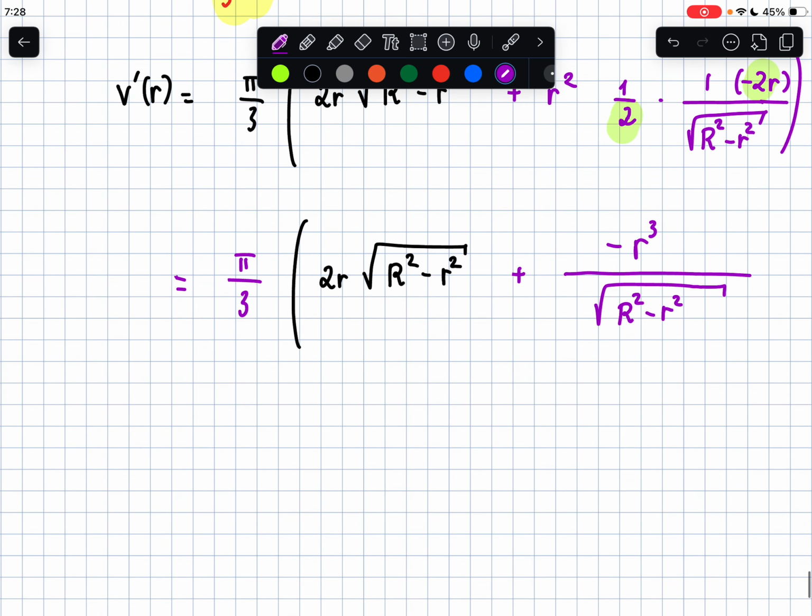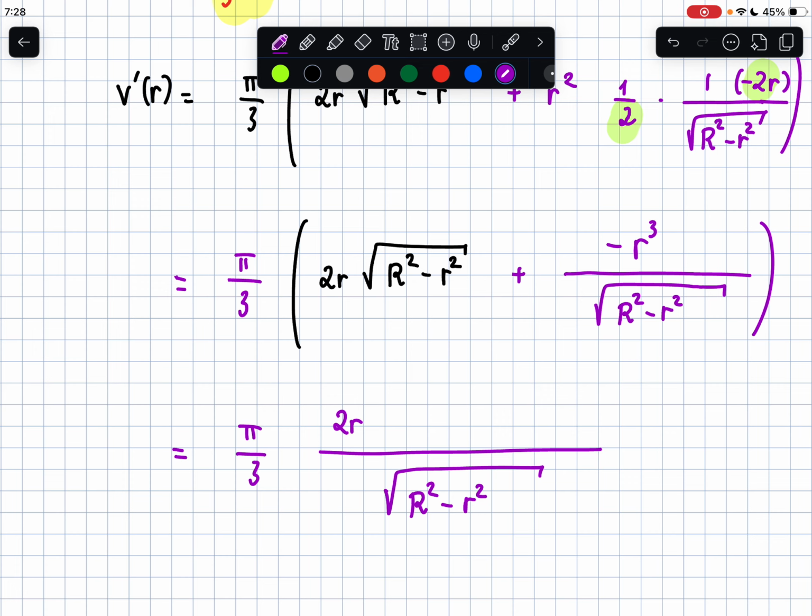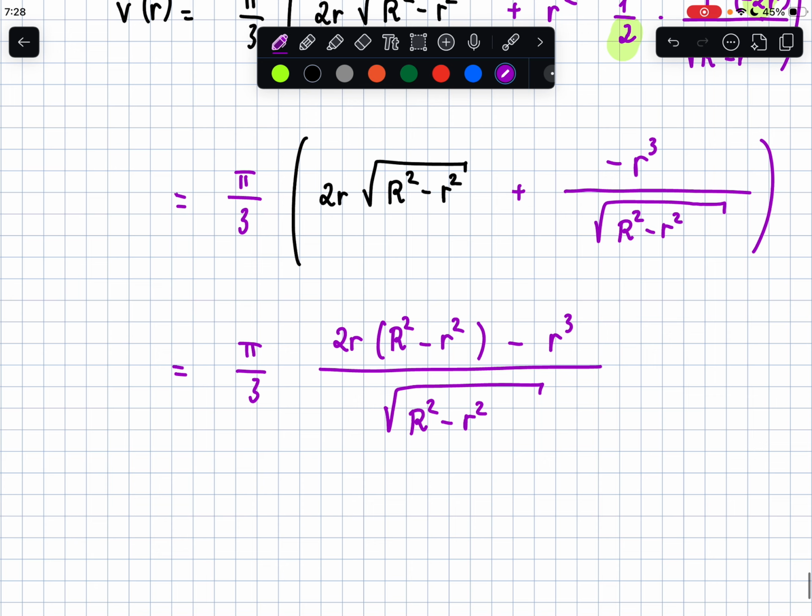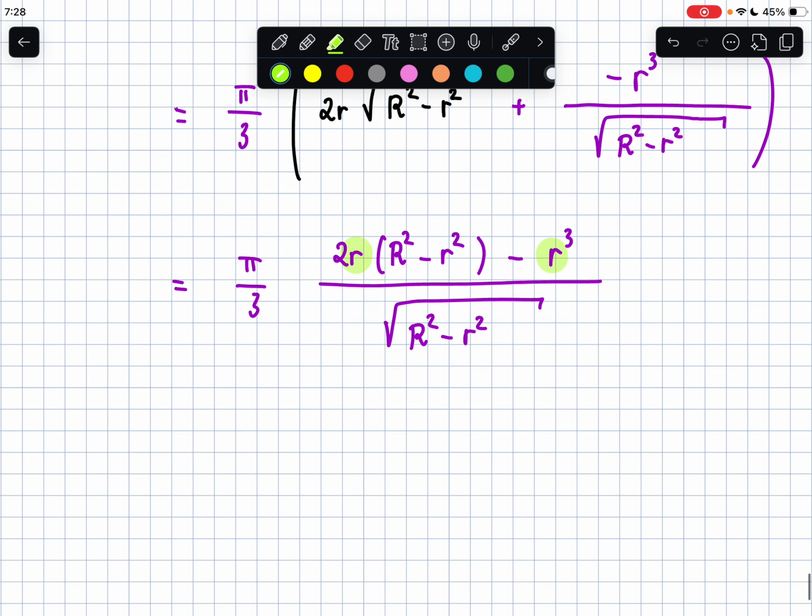So this one is pi over 3. We can take a common denominator: 2 small r, big R squared, small r squared, minus r cubed. Small r's are in common. We can group it so that it helps us solve for V prime equals 0.